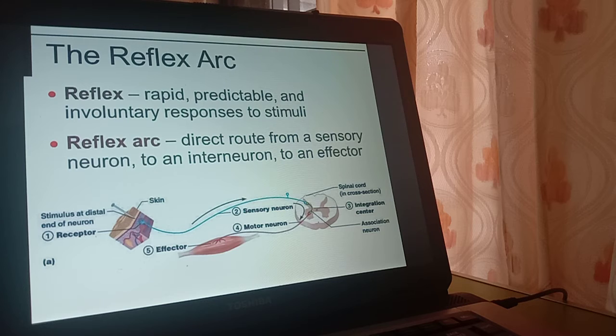That is, these impulses are carried via the sensory neuron. It moves to the spinal cord and then to the brain, where you have the integration center, and there is the association to say what response it has to give, and the motor neuron carries it back to this effector organ, and that makes me pull my hand. Do you get it? Okay.